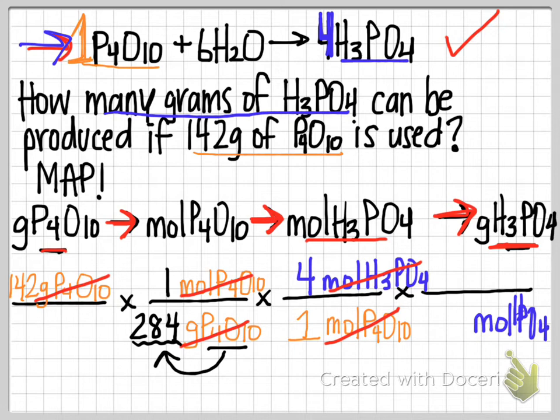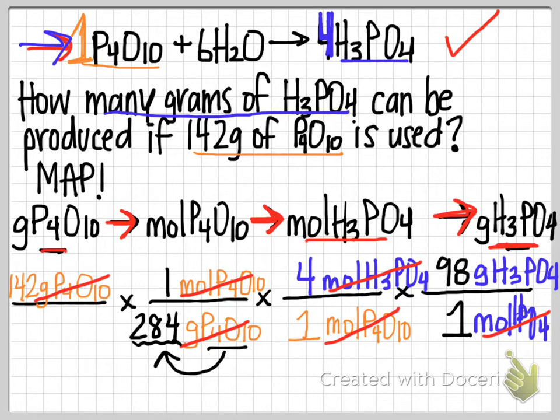And on top we want grams H3PO4. We know that in 1 mole of H3PO4, we calculate it to be 98 grams. And I forgot to cross this out here.